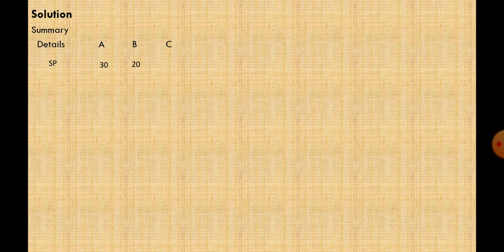But you're not given the price of C. We are also told that the variable cost of C is shillings 25 per unit.